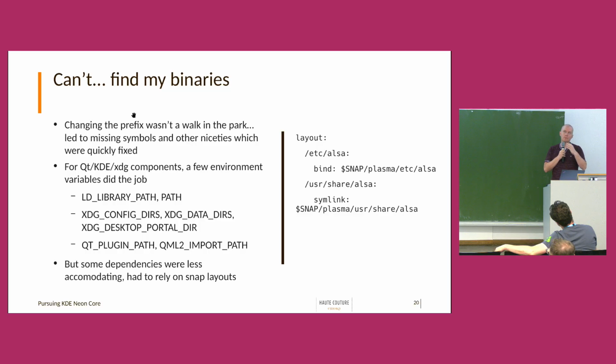Or you can use an extra feature of the snaps that we didn't quite use last year, which is layout, where you create bind mounts from the perspective of the confinement, or symlinks which exist only in the confinement, to present the right path for those dependencies.